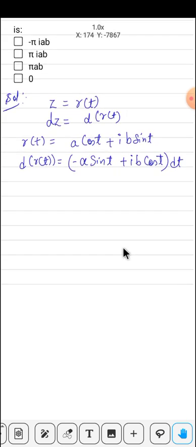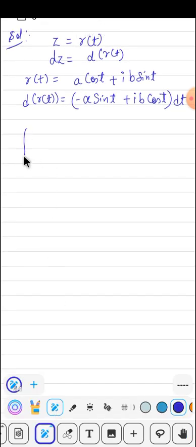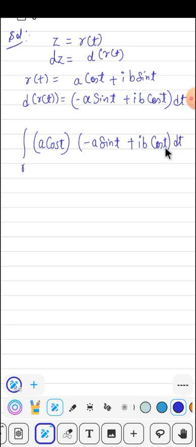Let us put this in this equation. What we get is the integral over gamma of a cos t times minus a sin t plus i b cos t dt, and our t is from 0 to 2 pi, given in the question.